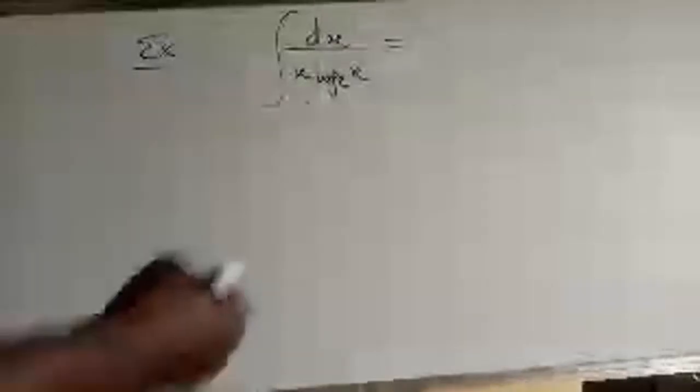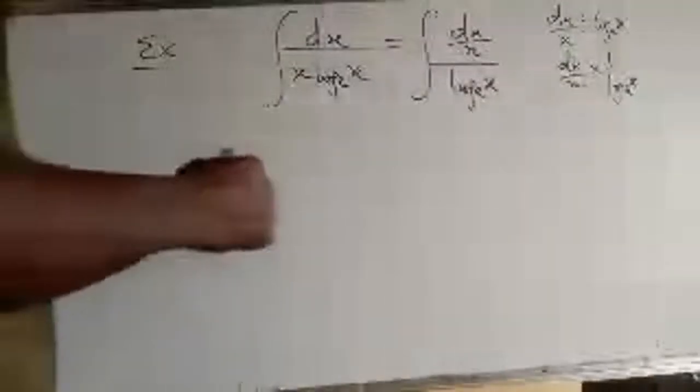Yes. Now, look at this. What a very funny question. The integral of dx all over x log x base e. Do you know that you can write this as the integral of dx all over x over log x base e? Are you shocked?